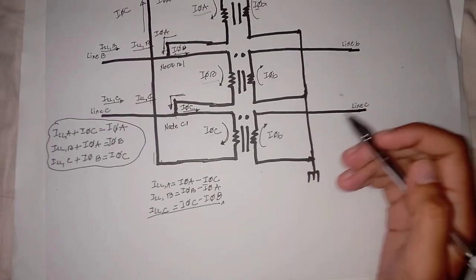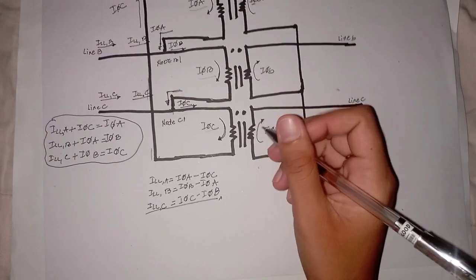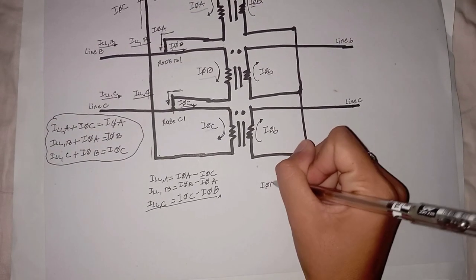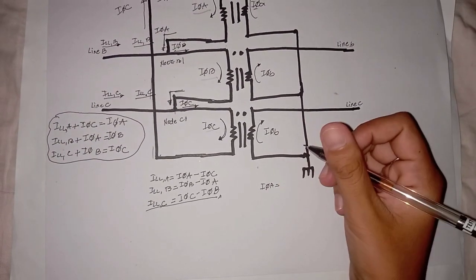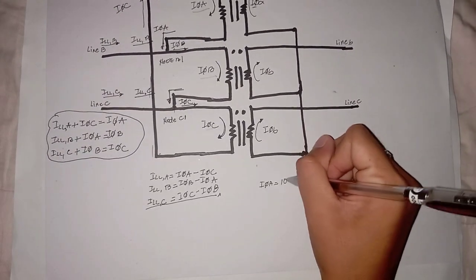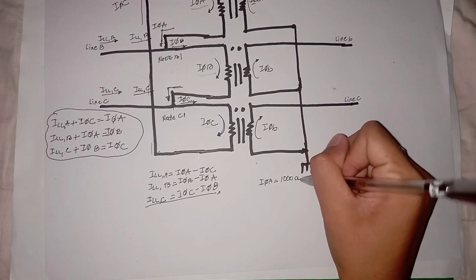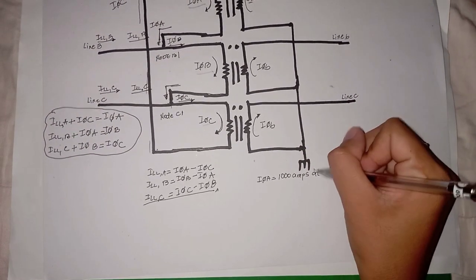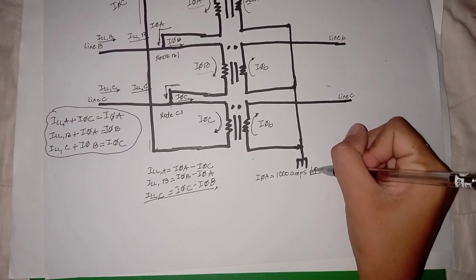So let's say that our phase current A is equal to 1000 amps at 0 degrees.